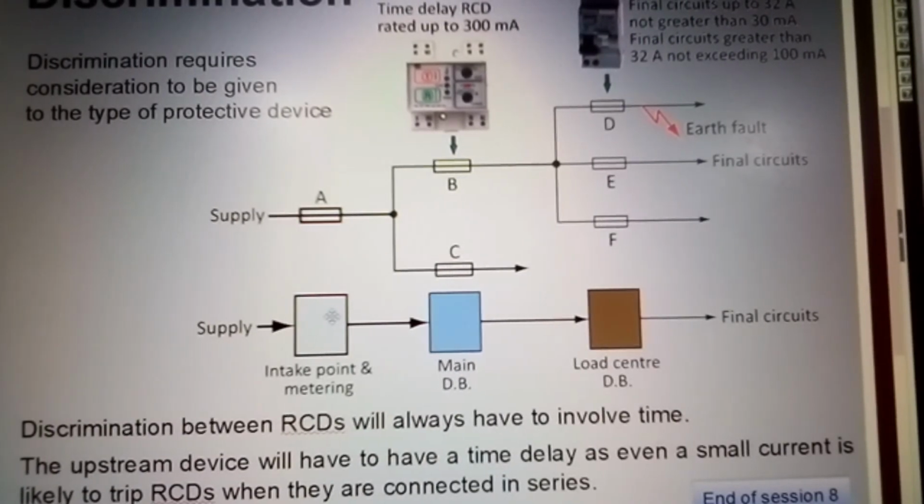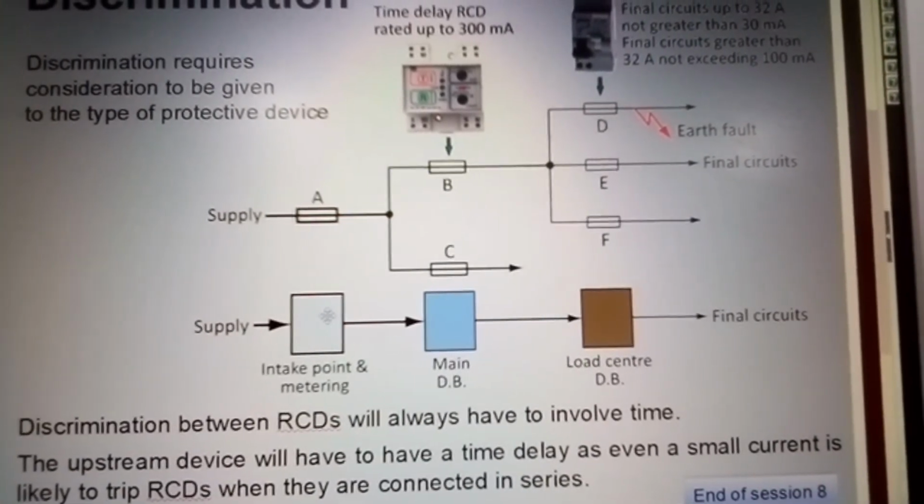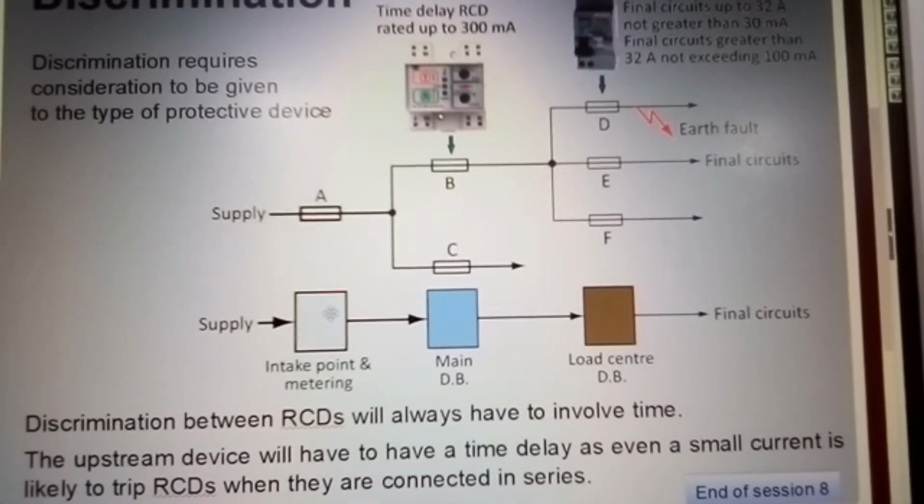Now again, look at the relevant IEE regs. Look at your on-site guide. Use the information in there. Look at the examples given in your on-site guide. Use that information again and again.